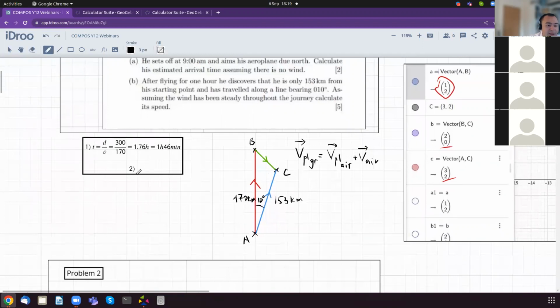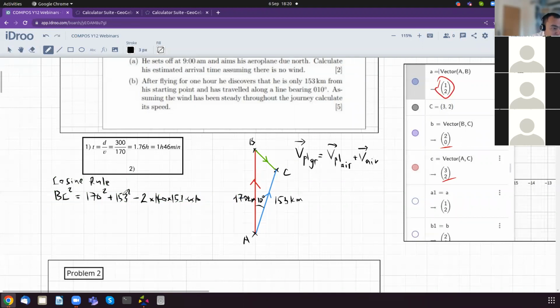So we have, using the cosine rule, BC squared is 170 squared plus 153 squared minus 2 multiplied by 170 times 153 times cosine 10. Sorry for the mess. So cosine rule.